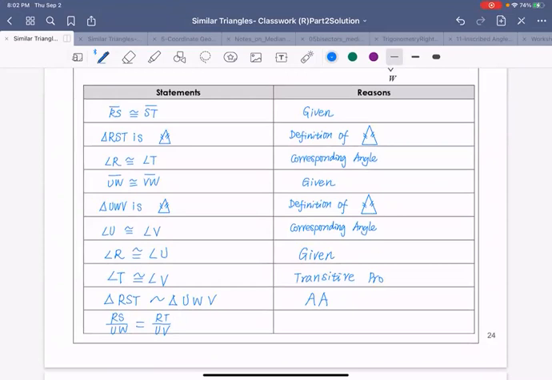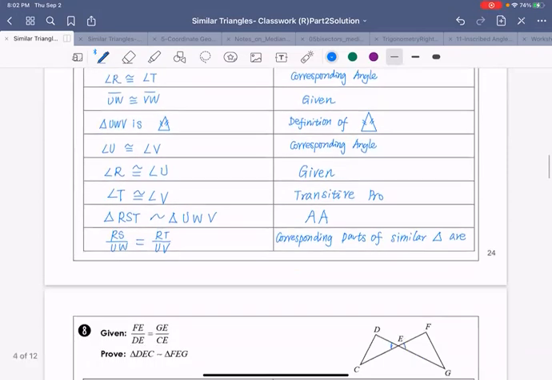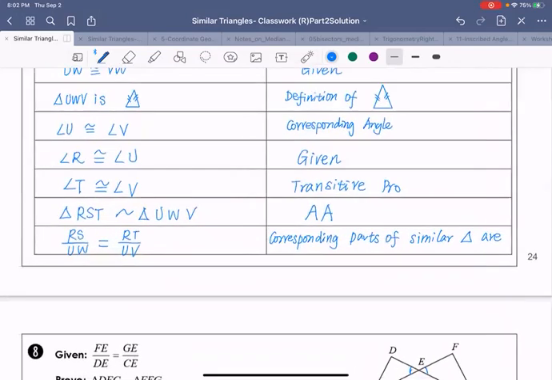You can say corresponding parts of similar triangles are, what's the word you want to say? This is called what? Proportional. Makes sense?